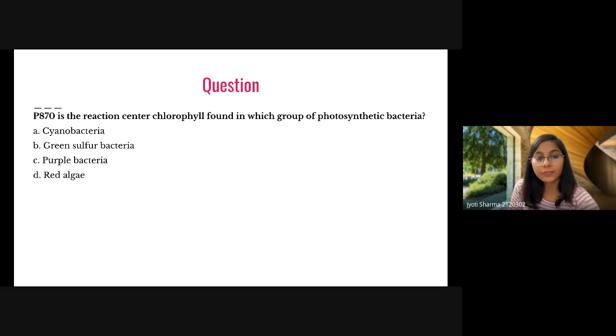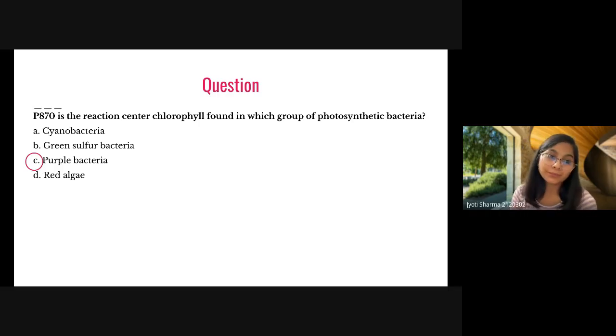Out of these four, you are confused between A and B, but the answer is C. These are the purple bacteria.